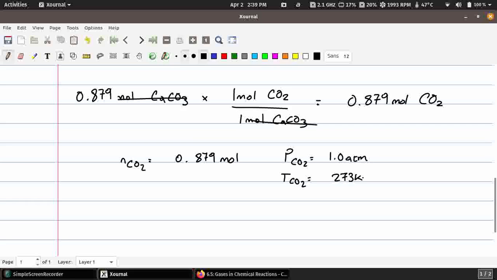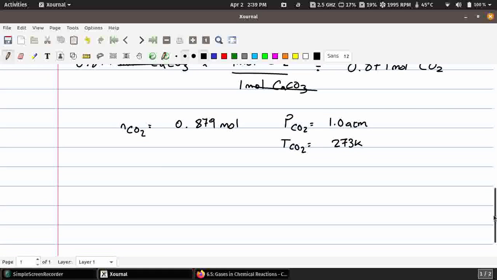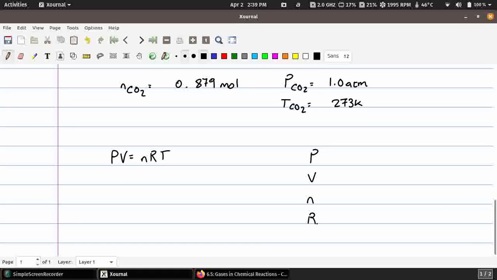So really, all you have to do now is plug this into the equation. So let's do that. We have PV equals nRT. We'll label everything: PV nRT. 1.0 atmospheres.